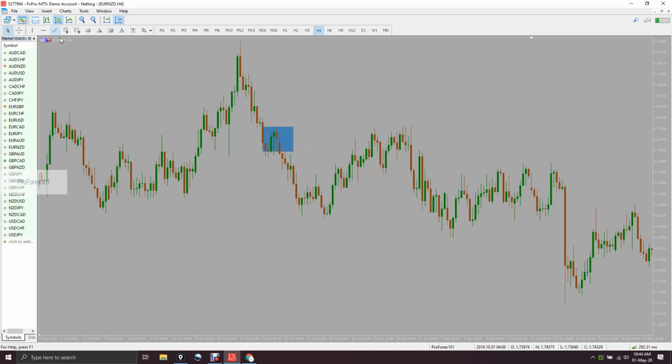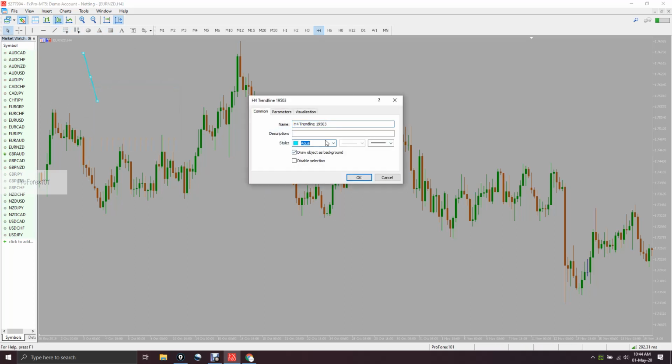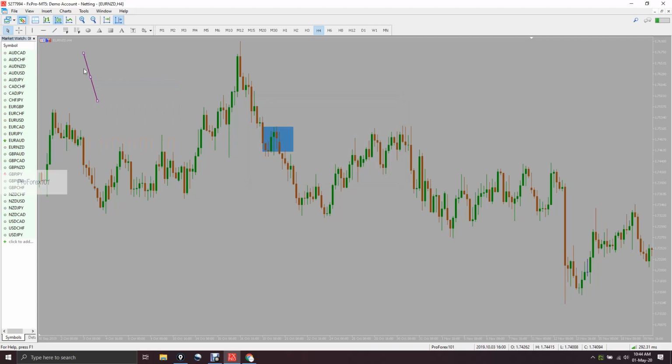So this is where the market is coming down, holds for a little bit and continues south. Market comes down, holds for a little bit, continues south. This becomes a supply zone.